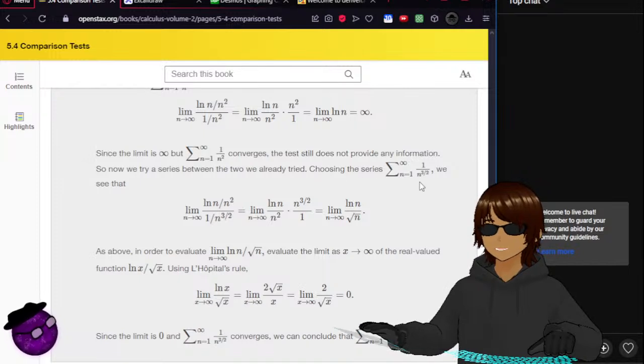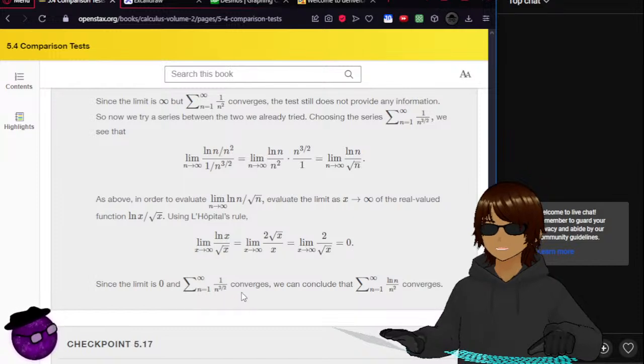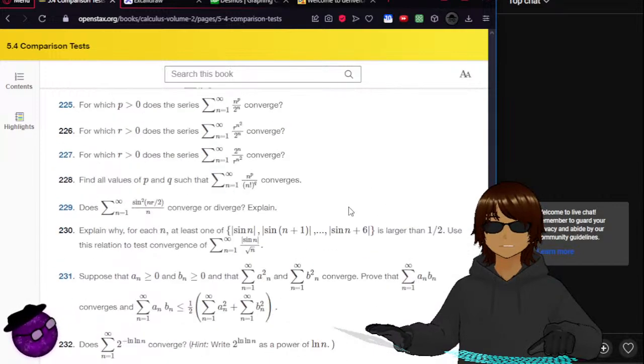Choosing the series n to the power of 3 over 2, we see that we are left with this. We apply L'Hopital's rule. We are left with this, which is 0. This 1 over n to the power of 3 over 2 converges. We conclude that the total series converges.